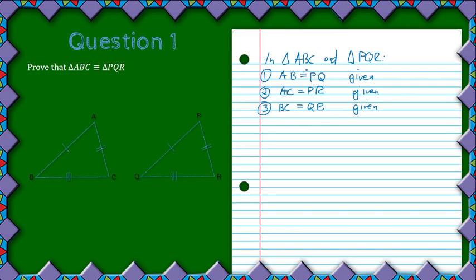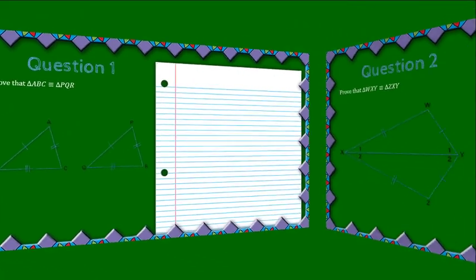So now we have our three sides that are given. So this is going to be, therefore, triangle ABC is congruent to triangle PQR. And the reason out of the 4 reasons, we've got 3 sides, so therefore it is side, side, side.